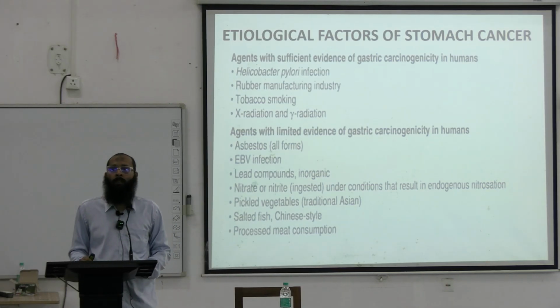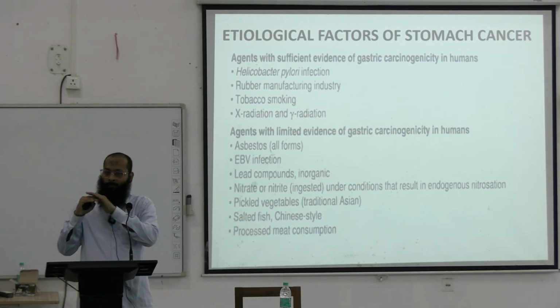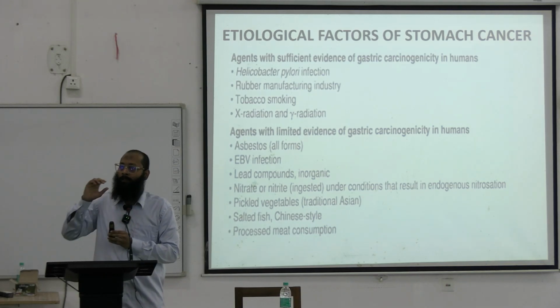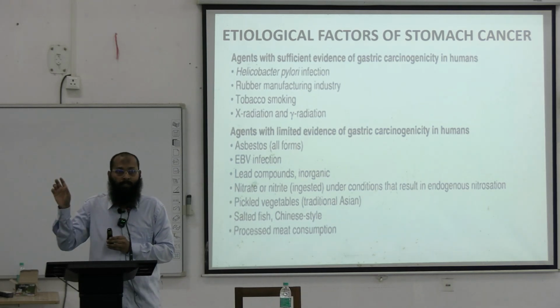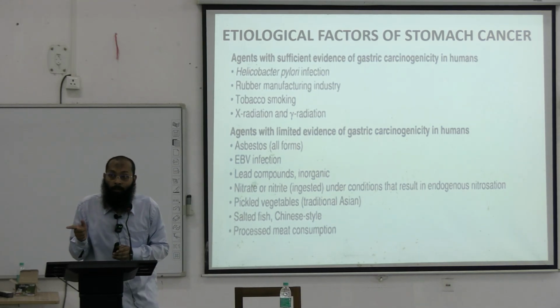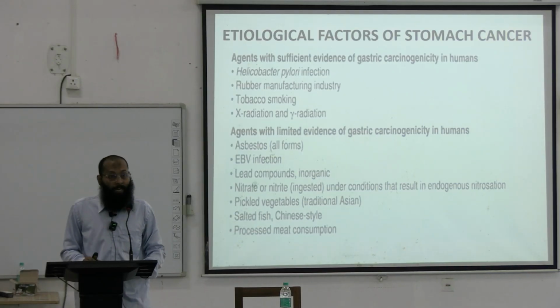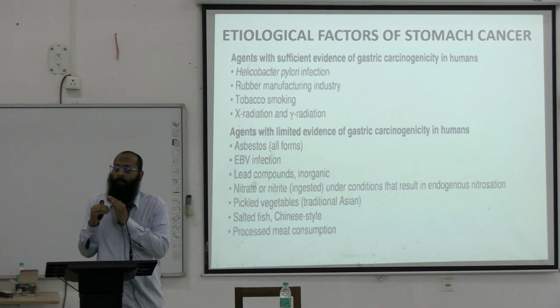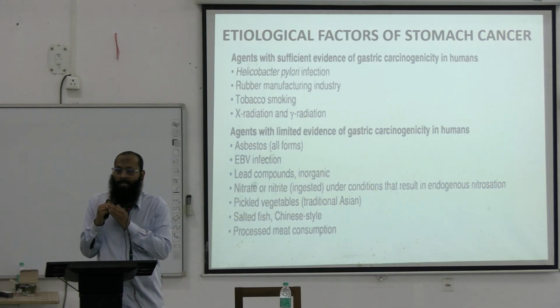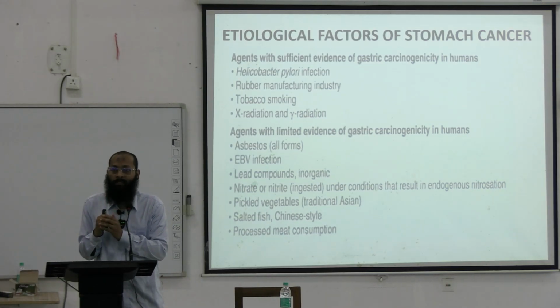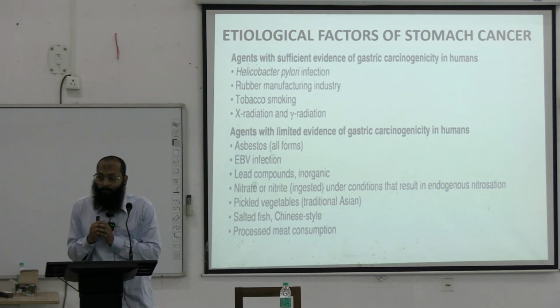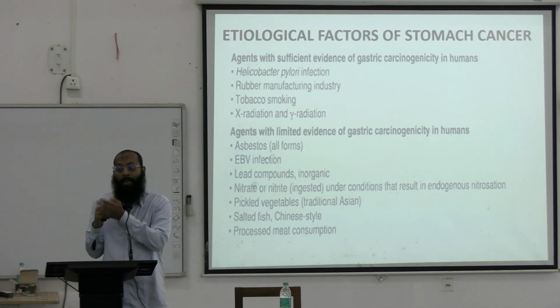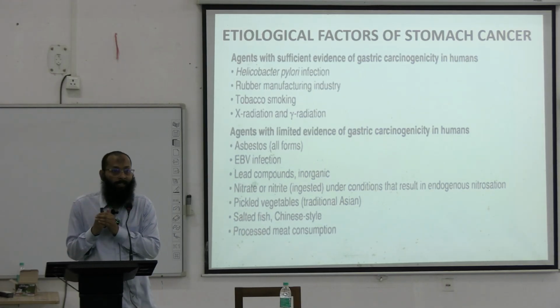The surface epithelial cells, they don't secrete the acid. Acid is secreted by which cell? Parietal cells, yes, or oxyntic cells. So the surface epithelial cells or foveolar epithelial cells, they secrete the mucus, because acid can also damage those epithelial cells.